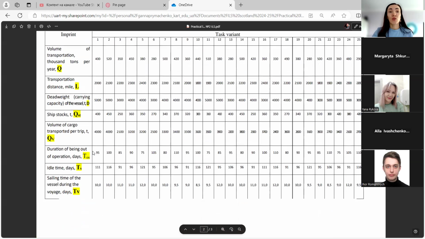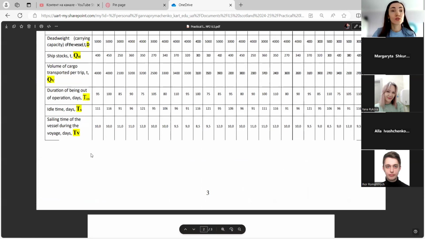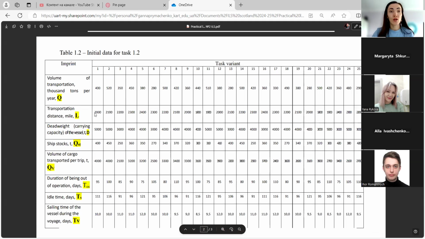Okay, find there in our table such parameter as D. We can find it. I rewrite every parameter today. Yes, it's faster to find it, and I think it is more useful. The third parameter from the top of our table is dead weight or carrying capacity of the vessels in tons, and it is parameter D. Our variant we find in our groups. If you are first in your group, you have variant 1.